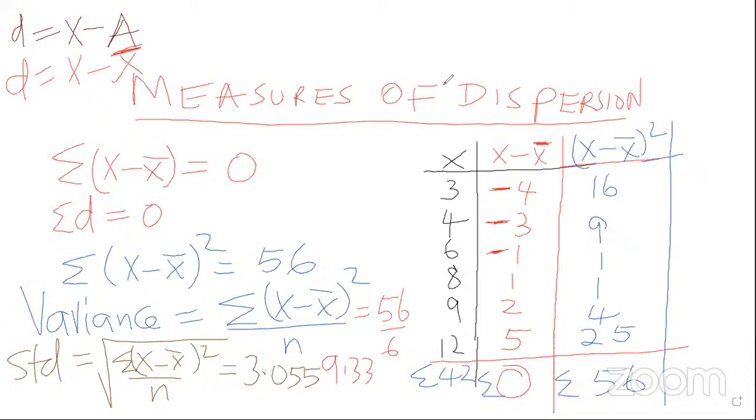Have we understood? That silence is... you can chat in case there's something you are not sure or you want to clarify. You don't need to unmute if you don't want to talk. But that is basically the two measures of dispersion or spread, variance and the standard deviation.